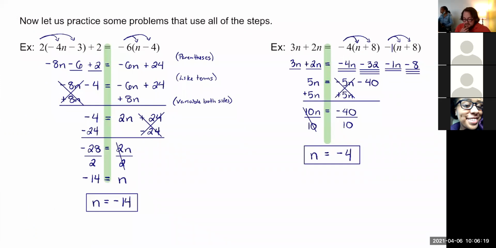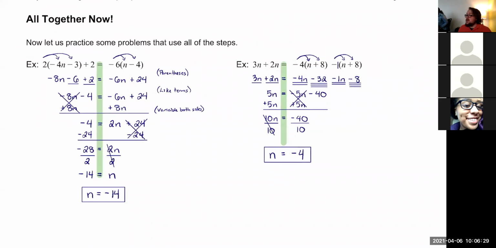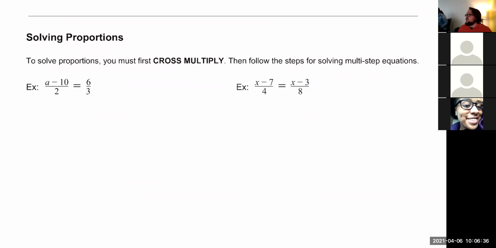So there's one last thing I'd like to introduce to you today, and it only adds one tiny extra step. I promise, it only adds one tiny extra step. They look like fractions, but when you have 2 seemingly fraction-like objects that equal each other, they have a special name called a proportion.